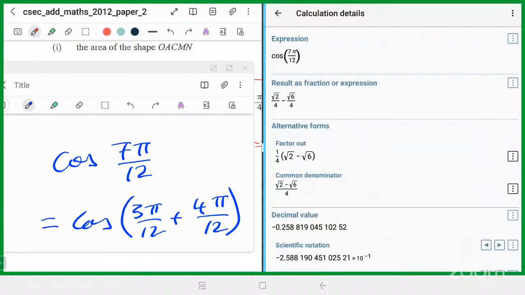There you go. See there? The answer is right here.